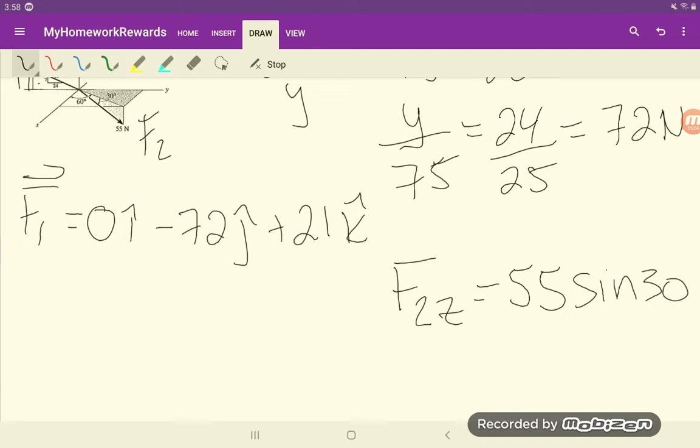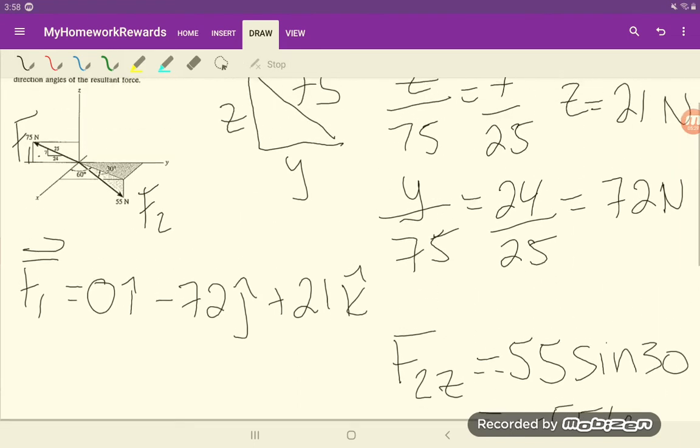Something else that we need to note is this should be a negative, so let's put a negative in front. This ends up being negative 55 over 2. Try to keep everything as fractions, exact numbers till the end, so that you're not rounding.